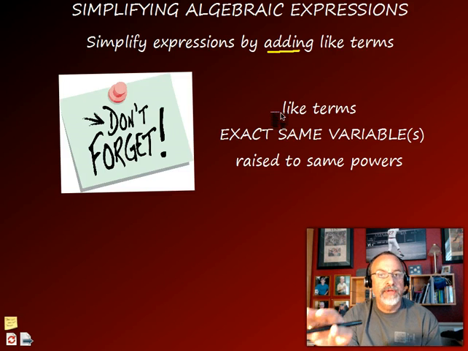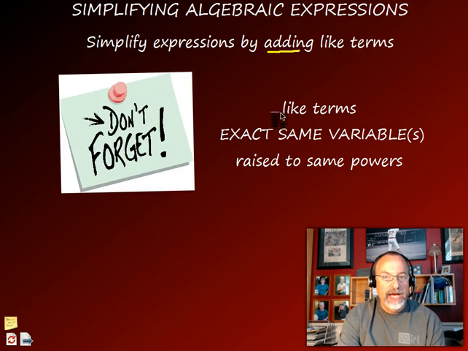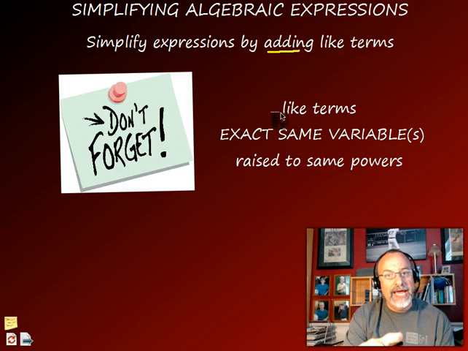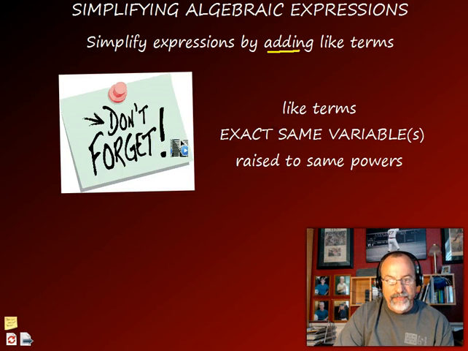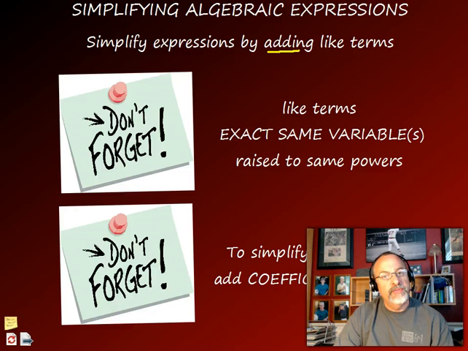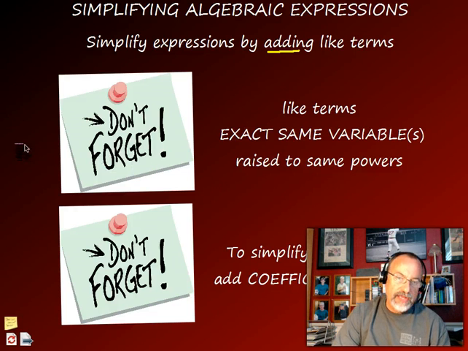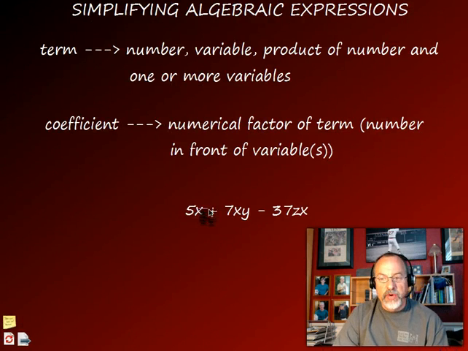All of the variables have to be exactly the same, and the powers have to be exactly the same. If that's the case, they're called like terms. And if they're like, I can add them. And to add them, we simply add those coefficients that are in front. So let me go back to the previous page really quickly and take a look at these. So here we have these terms.